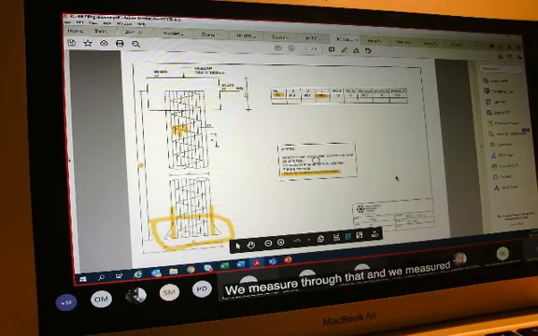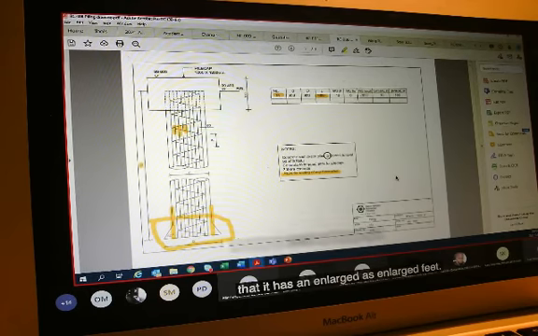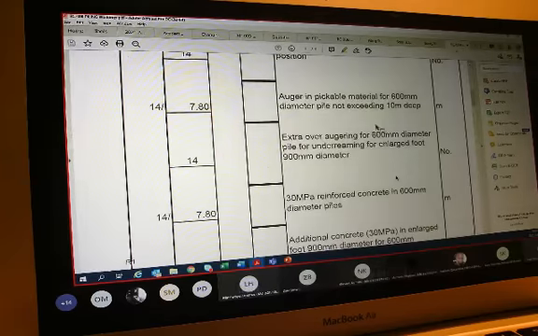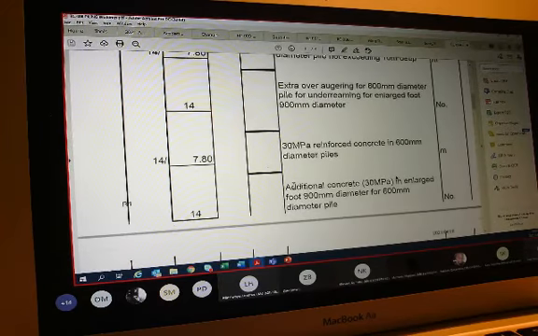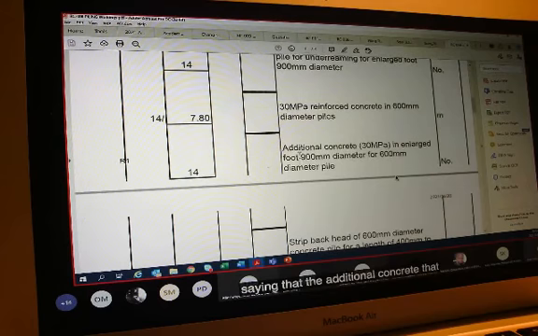So when we measure the concrete, we will not be pedantic with how we measure. We measure through that, and we measure in meters because we've already indicated that it has enlarged feet.